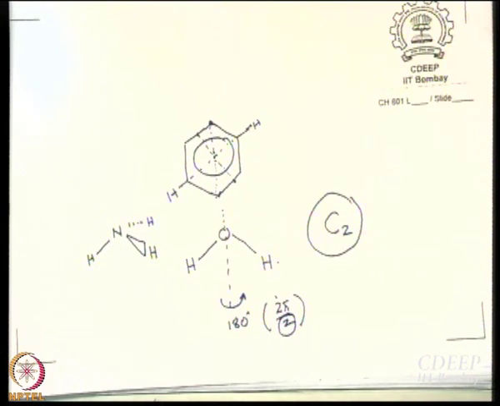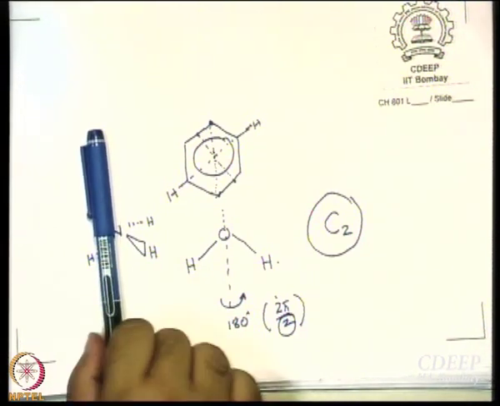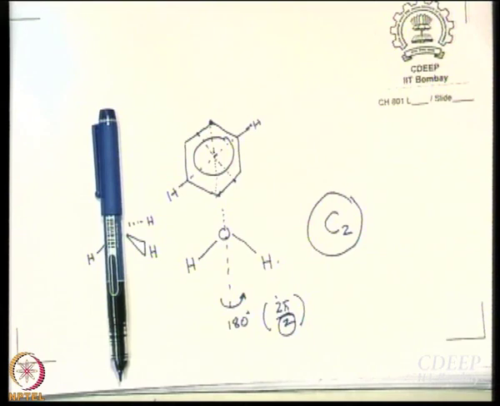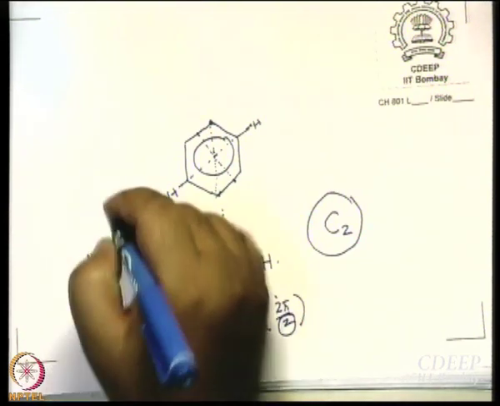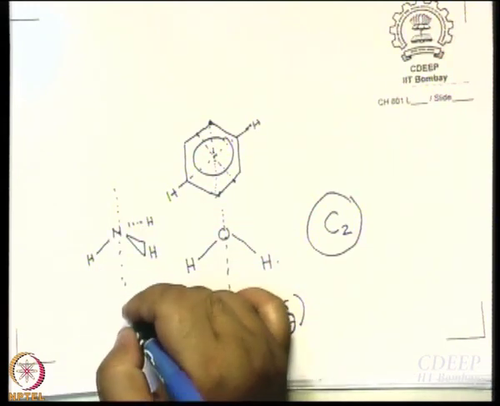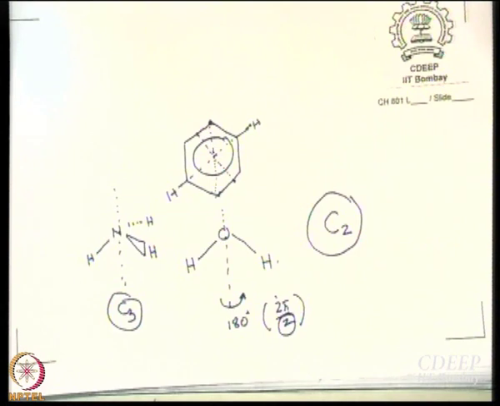Where is your C3 axis? This is your C3 axis, right? You rotate by 120 degrees, which is 2 pi by 3.